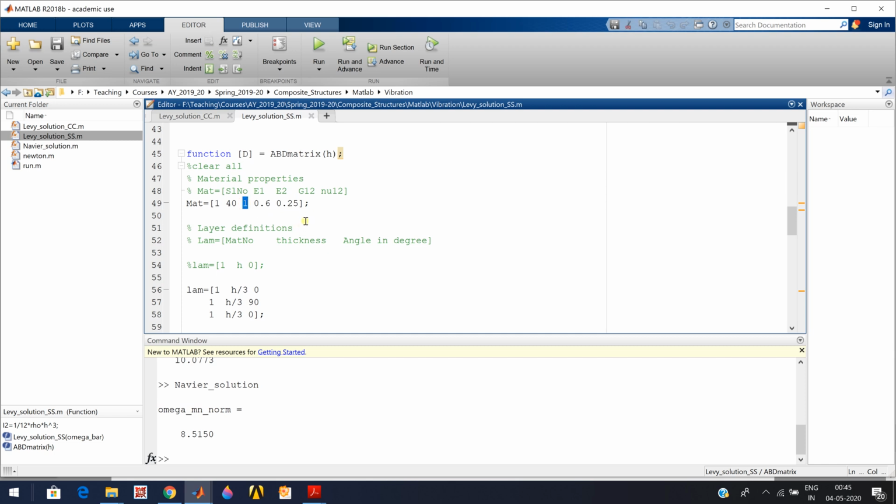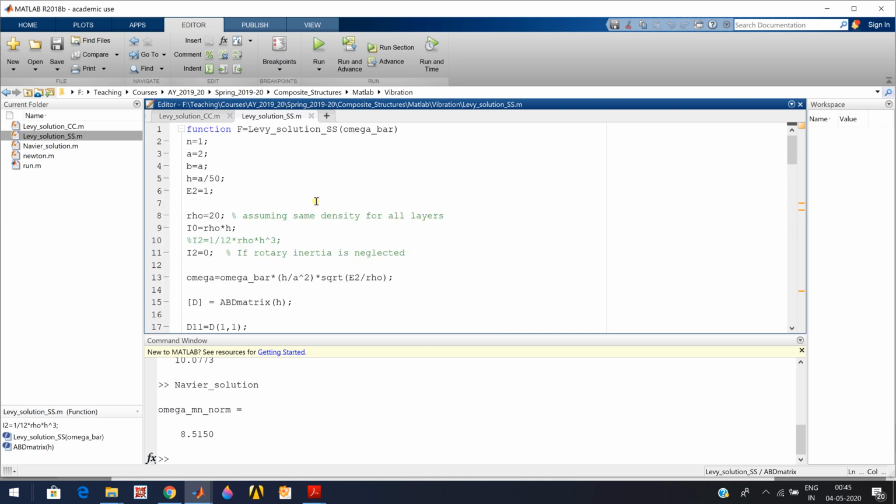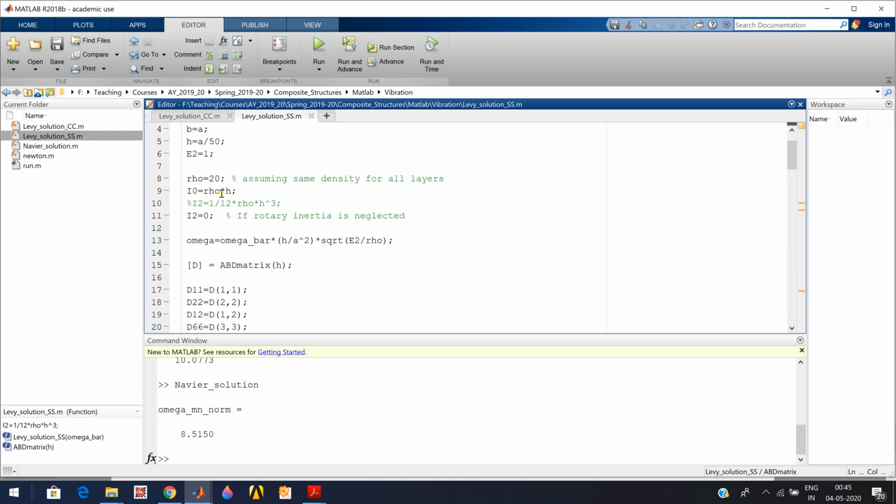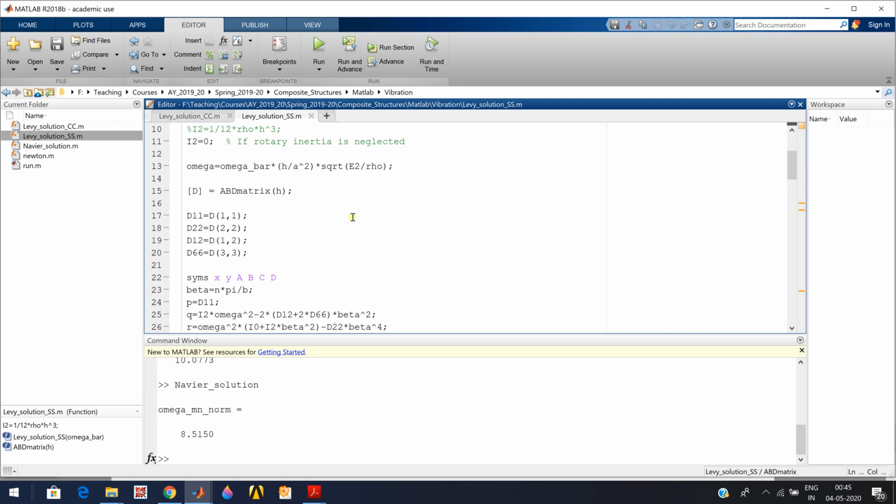So if I have to change E2, then you also have to change the material properties accordingly. So E2 is 1, and then rho is some number, 20, and I0 is rho h, I2 is 0 for the time being, but you can put the actual I2 to get the rotary inertia terms included.